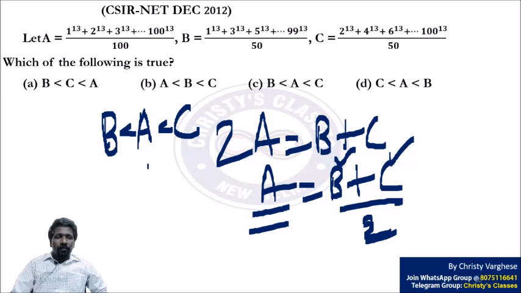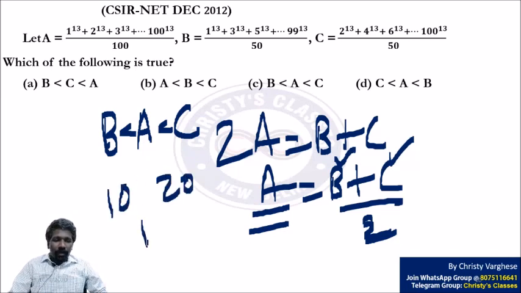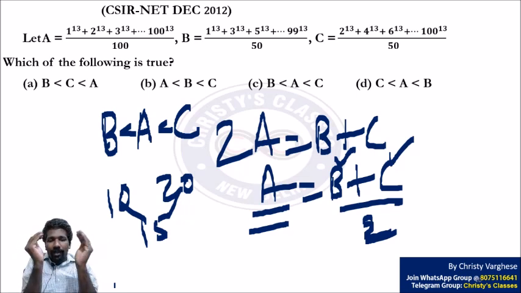Why is that true? For example, for 10 and 20, the arithmetic mean is 15. That is between 10 and 20. It cannot be above 20, and it cannot be below 10. It should be in the range of 10 and 20.